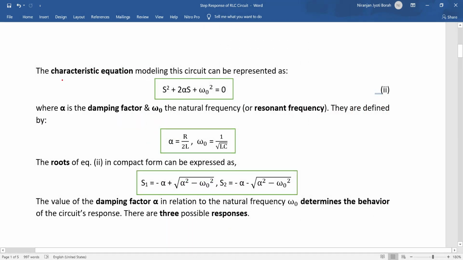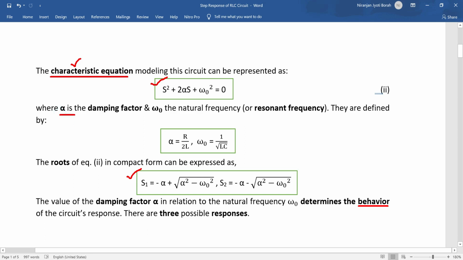Let's come back to the series RLC circuit. The characteristic equation modeling the circuit is given by this equation. This quadratic equation is known as the characteristic equation since the roots of this equation dictate the character or behavior of the circuit's response.